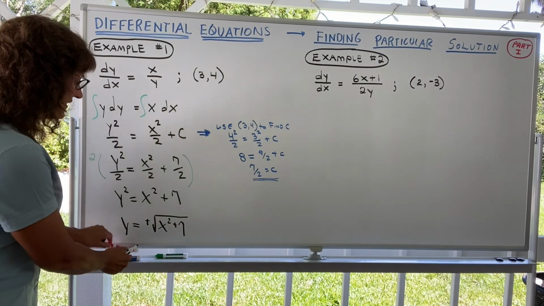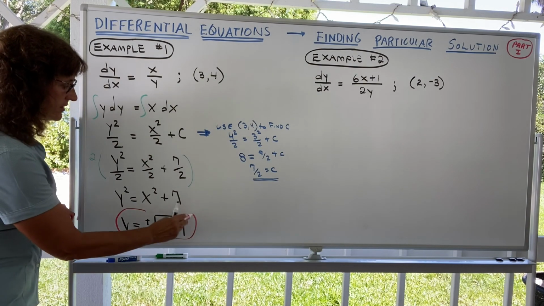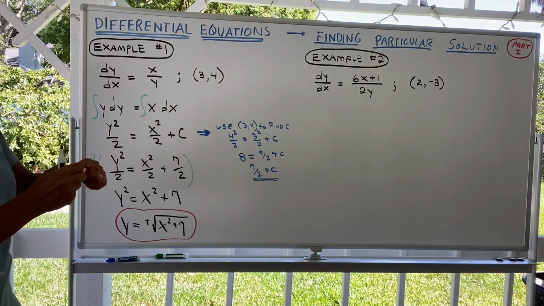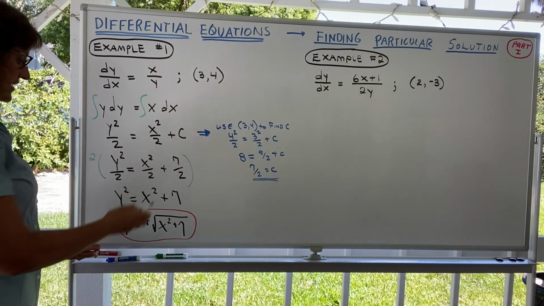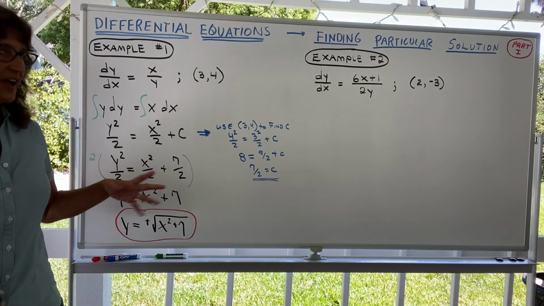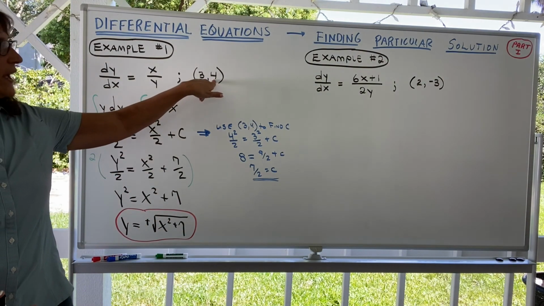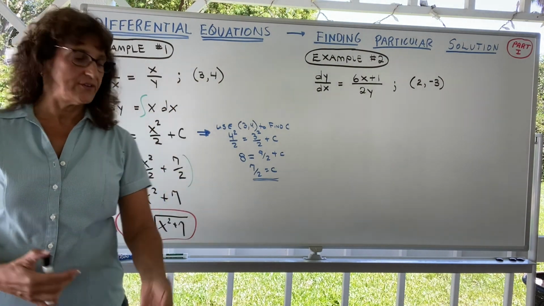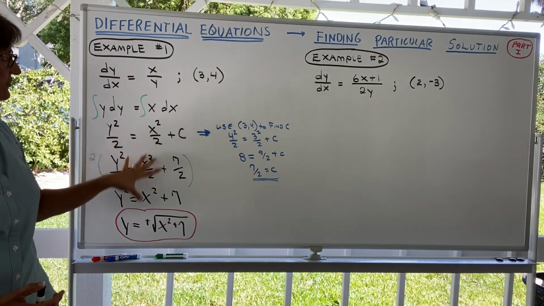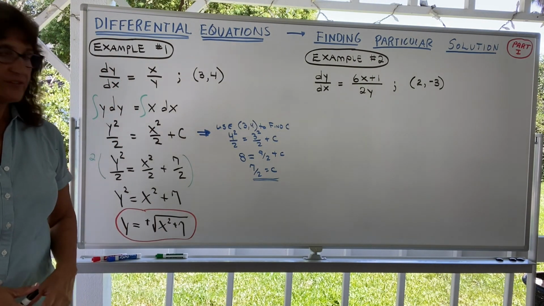So here is the function answer to this differential equation given initial condition 3, 4. You take the square root of both sides and do get plus or minus, but because the y coordinate that we need to generate is positive, we want the positive root. So your answer to example 1: y equals the positive root of x squared plus 7.